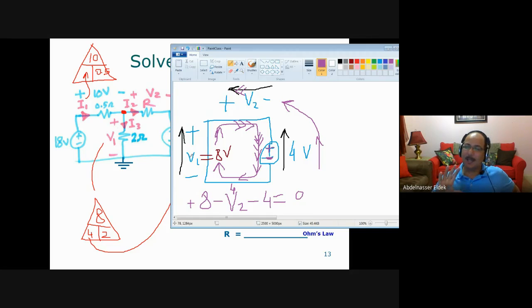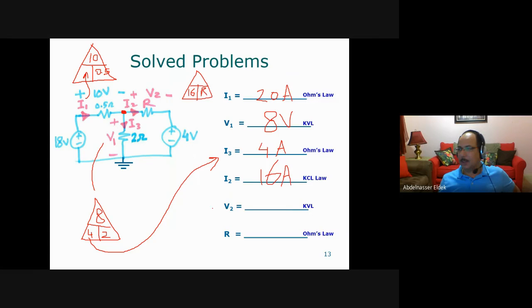So it looks as if V1 is a source, and V2 and the 4 volt are the loads. So 8 equals V2 plus 4. Or you can just apply Kirchhoff's voltage law and look at the directions, opposite or the same as clockwise. So V2 equals 4 volts.